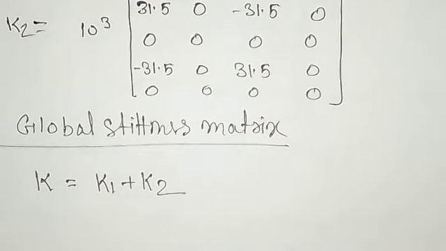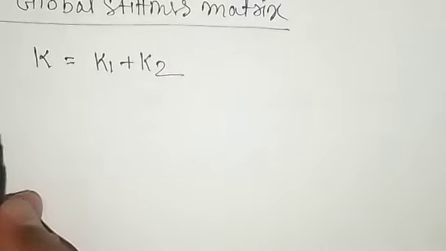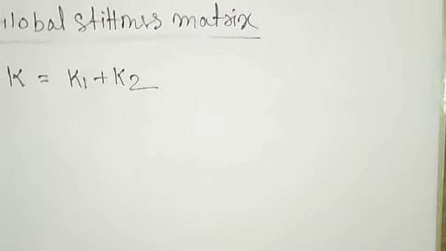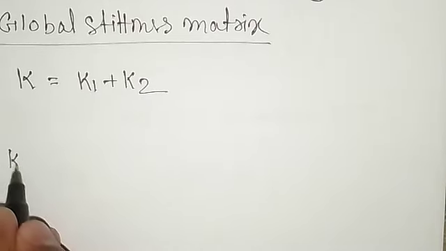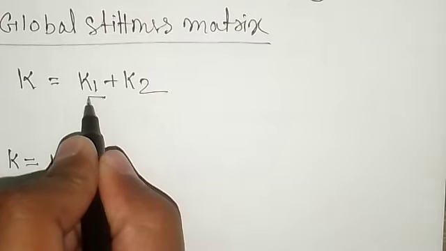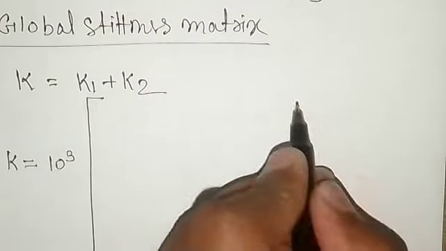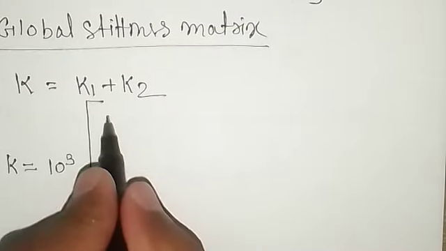So here we will find K, that is K1 plus K2, you have to add. How you add, you know, first of all I will write, just wait. K is equal to 10 to the power of 3, as we have taken common everywhere, right? So here I'll show you.